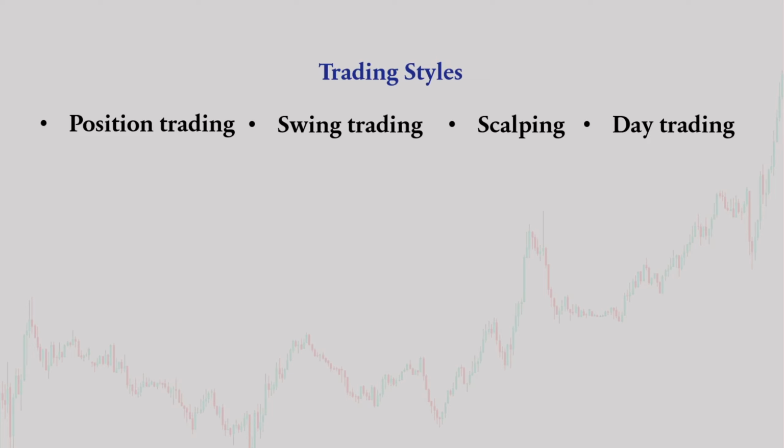Now, when we talk about position trading, right? Position trading is a type of trading in which the trader enters a buy or a sell with the aim of leaving the trade for a very long time.